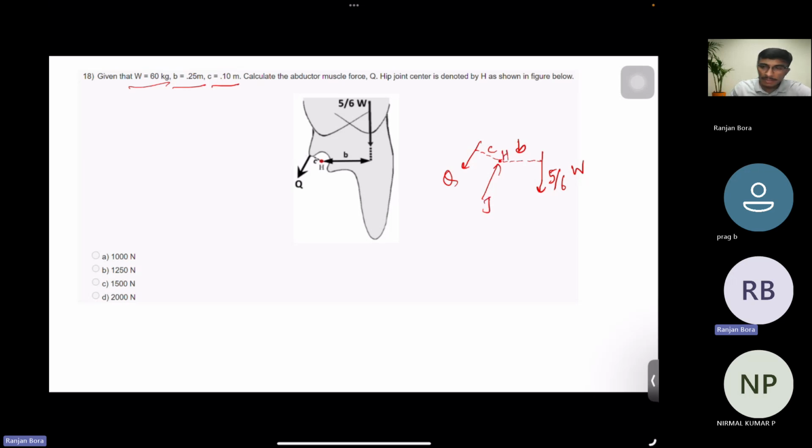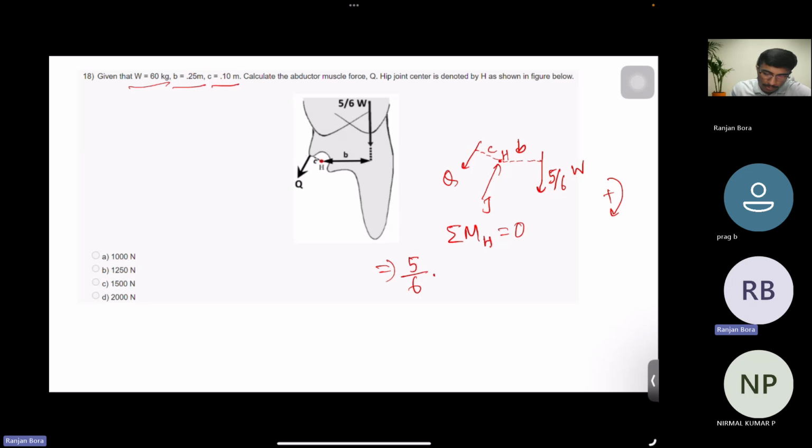Now we'll take moment equilibrium about point H. Summation MH equal to 0. And we'll take clockwise as positive. So because of this 5/6 W, we are getting clockwise moment with respect to point H.